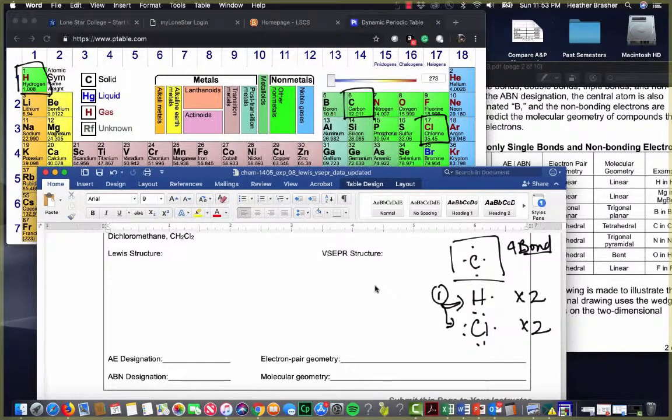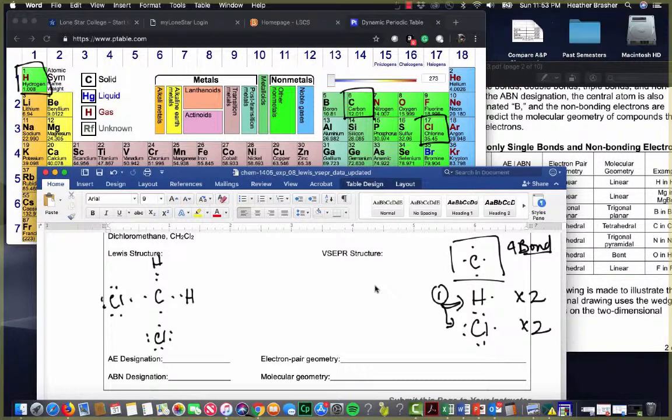So we're going to come over here. We're going to write our Lewis dot structure for chlorine, and then we're going to put our atoms accordingly around it. Now realize you have to put all the dots around chlorine. You cannot just write chlorine down without the dots.